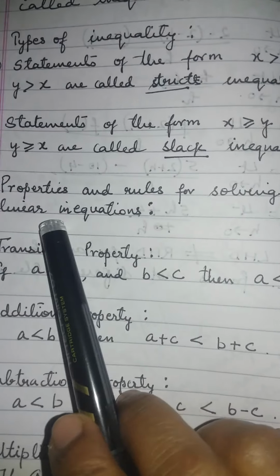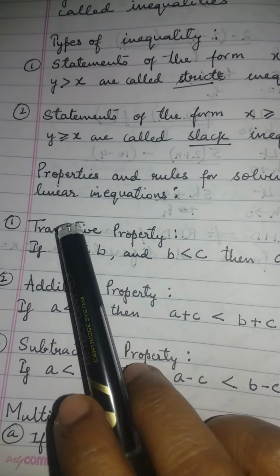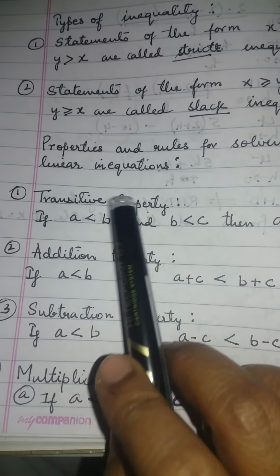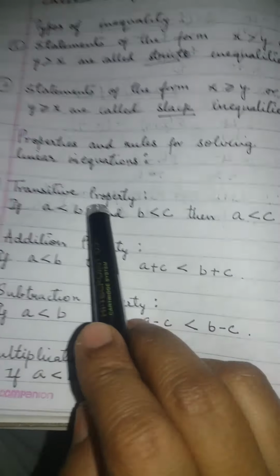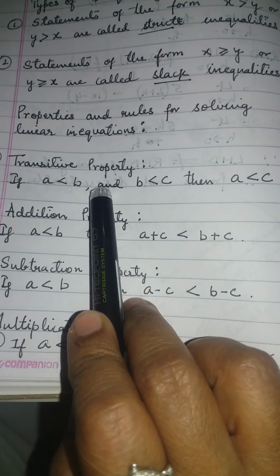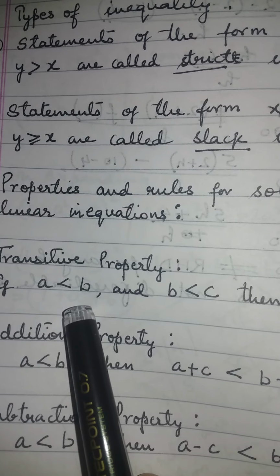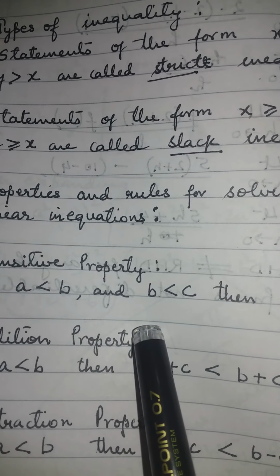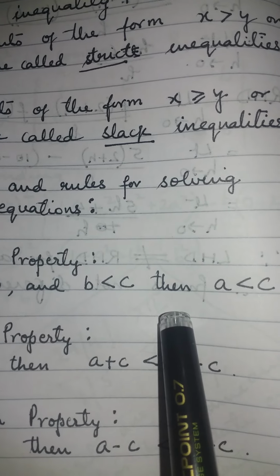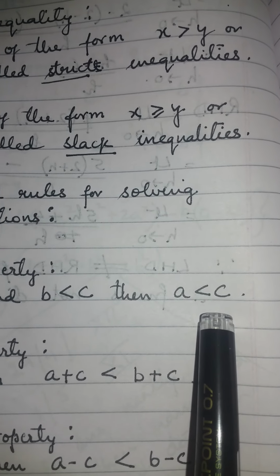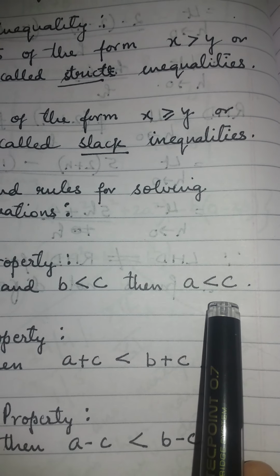Now a few rules and properties for solving linear inequations. First is the transitive property. This property everybody knows. If A is less than B and B is less than C, then A is less than C. Clear?